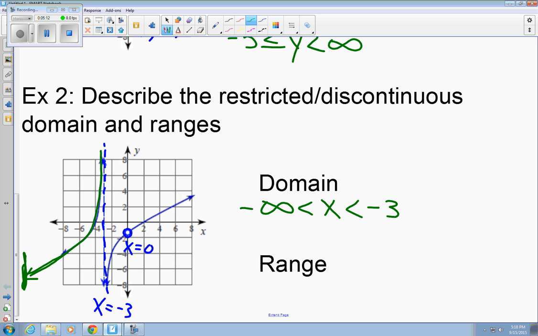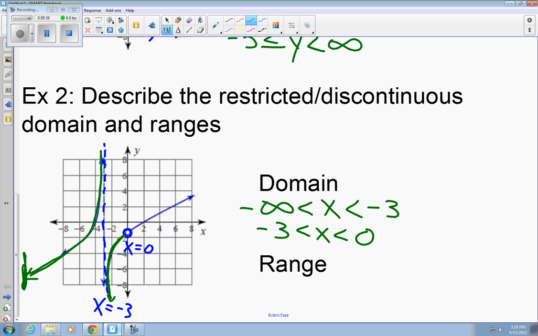Now we need to describe the other part of our graph. The other part goes down here, runs along the asymptote, so it starts again at -3. Then it runs all the way until we get to the hole, and that's a break. That's a discontinuous part of the graph. So we say x is less than, where's the hole? The hole is at 0.